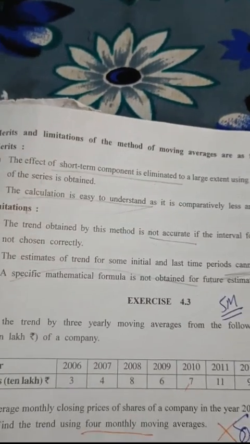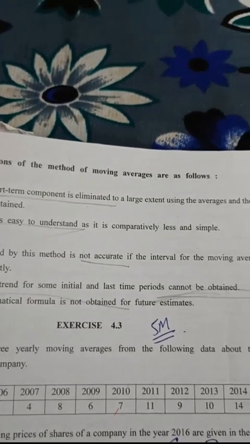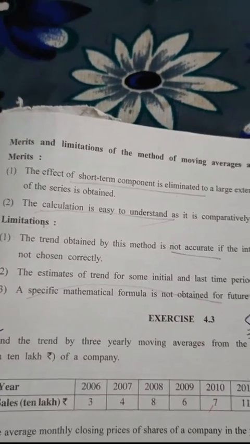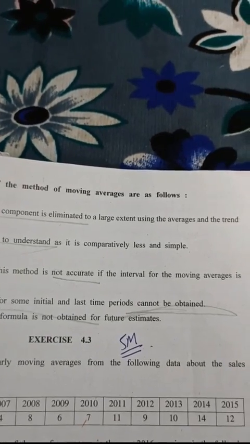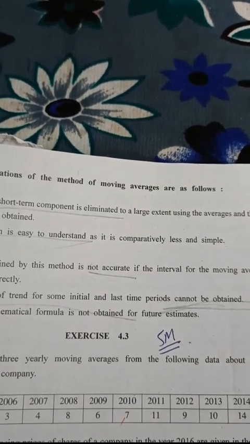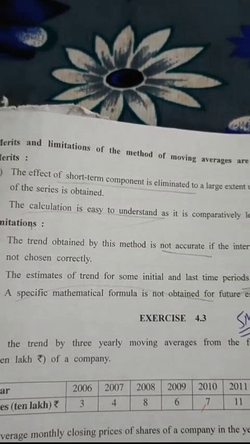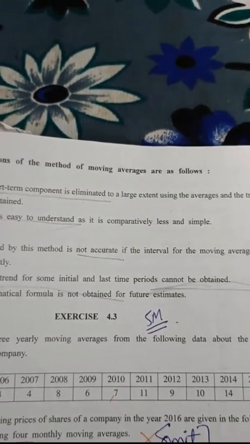Now the limitations. See, the trend obtained by this method is not accurate if the interval of the moving average is not chosen correctly. Now what they are telling, the answer will not be correct if the particular moving average method we are not taking properly. If they have said 3 yearly and we are using 4 yearly, then the answer will not be proper. Second, the estimates of the trend for some initial and last time periods cannot be obtained.